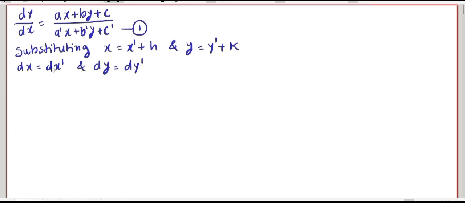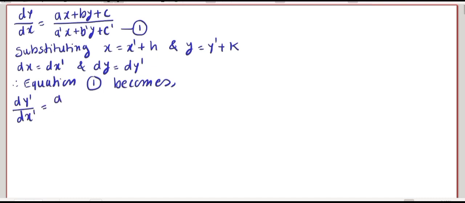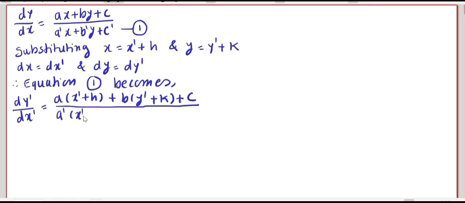Now putting these values of dx equal to dx dash and dy equal to dy dash, as well as the values of x and y, in equation 1, equation 1 becomes dy dash by dx dash is equal to (a into (x dash plus h) plus b into (y dash plus k) plus c) divided by (a dash into (x dash plus h) plus b dash into (y dash plus k) plus c dash).